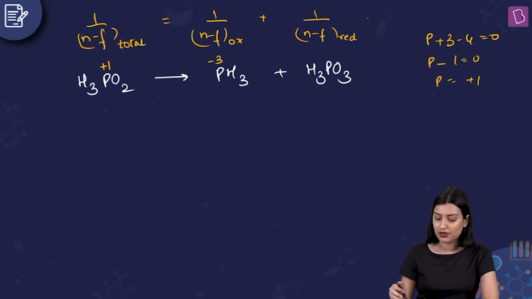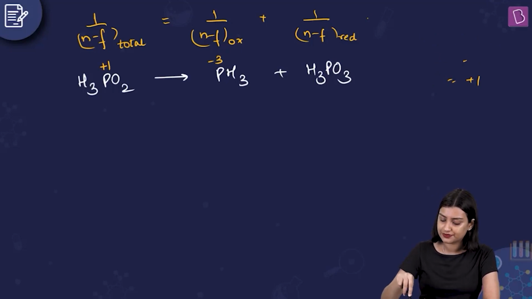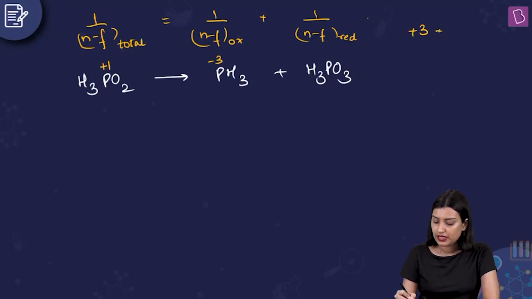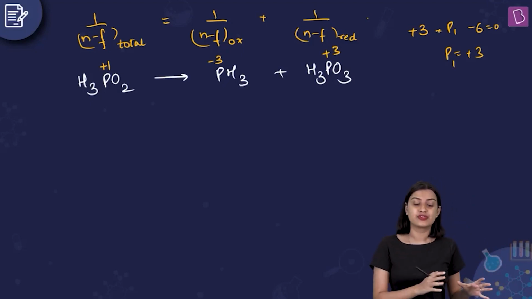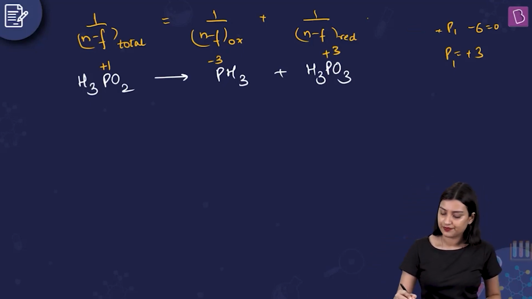Now let's talk about H3PO3. Here you have +3 due to hydrogen plus, let's say P1 is the oxidation state of this phosphorus in H3PO3, -6 is equal to 0. So P1 is equal to +3. So here the oxidation state of phosphorus is going to be +3.